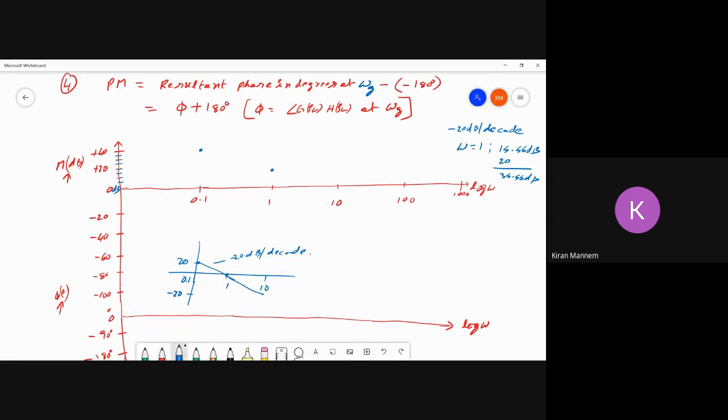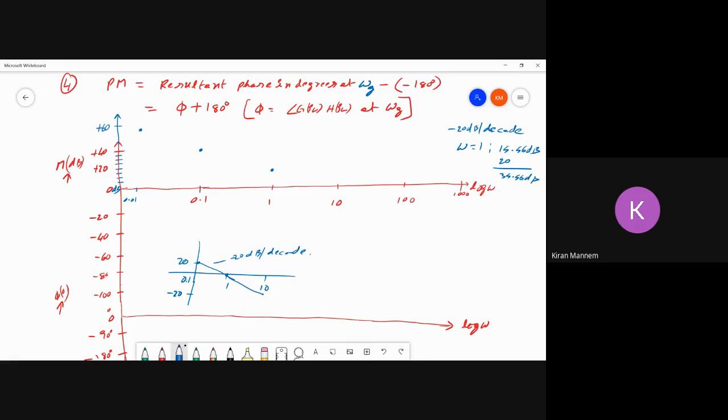So here, let us take this value as something like 0.001. So just extend this, and let us say it is plus 60. So this would be something like 55.56. Right? So this is how you should draw the minus 20 dB per decade line.